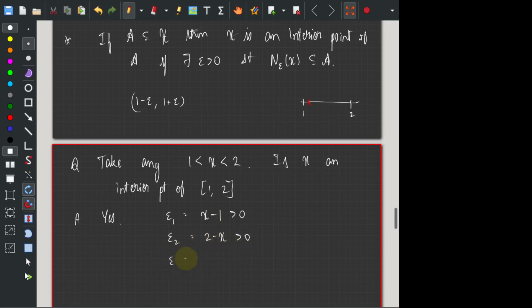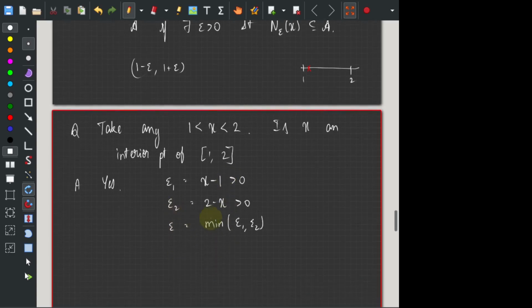Let epsilon be the minimum of these two. There is this much space on both sides. I take a ball of radius epsilon by 2, so x minus epsilon by 2 to x plus epsilon by 2.